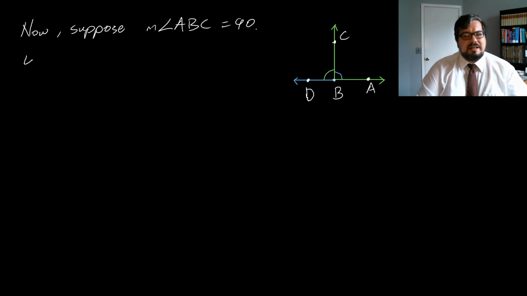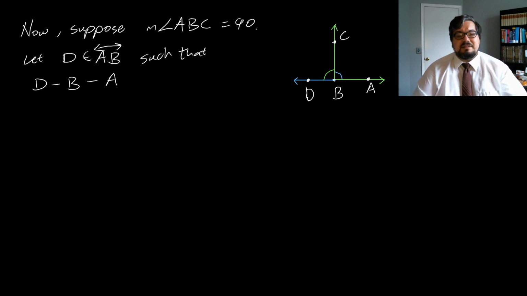So let's let D be a point in the line AB such that B is between D and A. We're using our sketch over here on the right as a way of keeping track of our thought process, but we're not actually referring to it in the proof because a picture is never a proof.